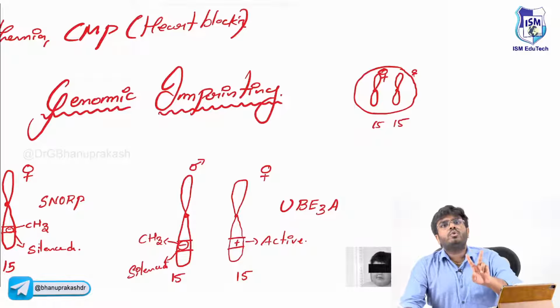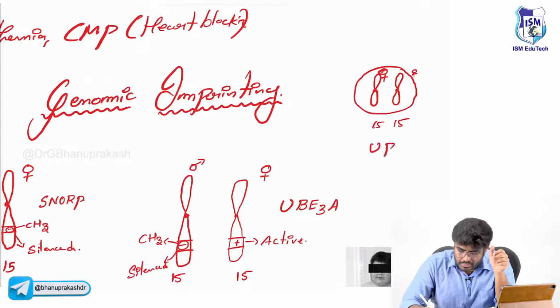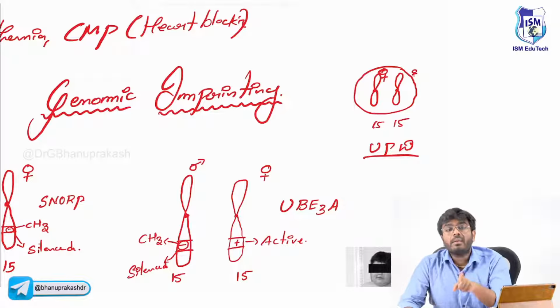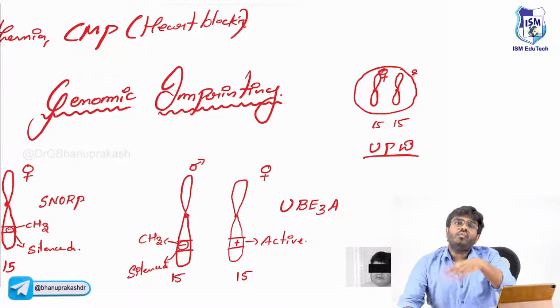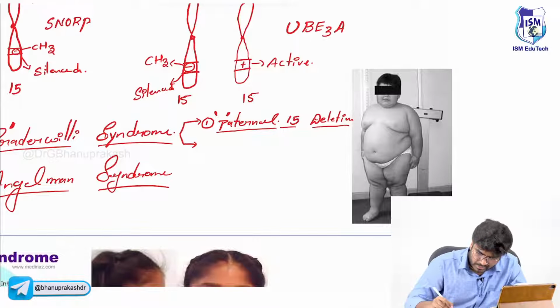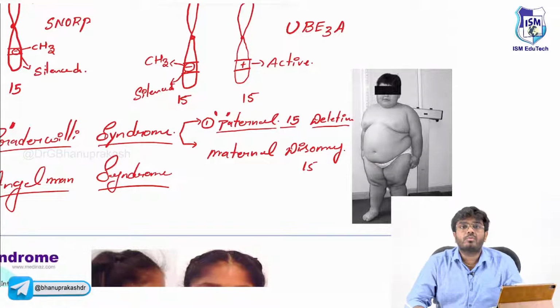From the mother you got two 15 number chromosomes. Father is not donating the 15 number chromosome. This is called uniparental disomy, which means both 15 chromosomes came from one parent, the mother. So maternal disomy of chromosome number 15.